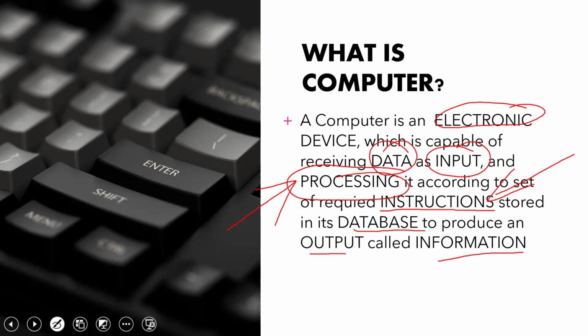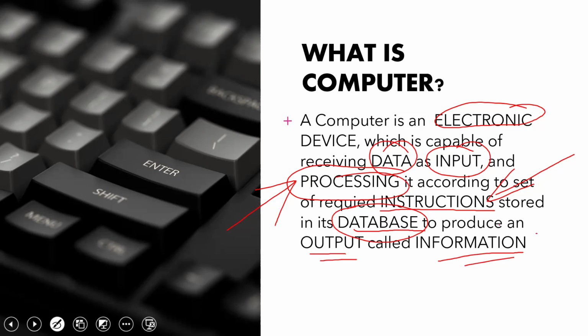If the instruction to process the data in a particular way does not exist in that computer, then the computer is not going to carry out that instruction. These instructions are stored in the storage facility of the computer in order to produce an output called information.